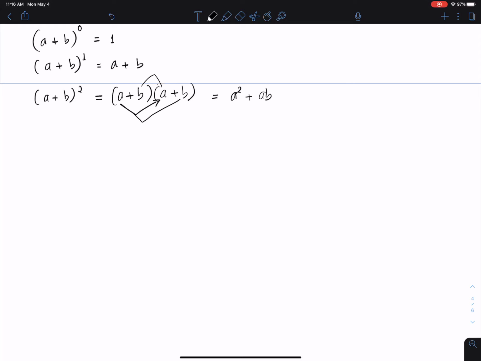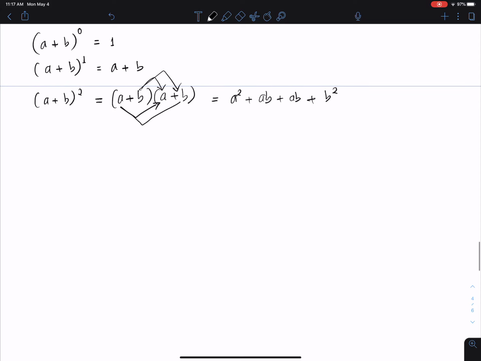And then b times a, we will get ba, but it is also the same, just write ab. And then plus again b times b, we will get b square. Then we can check the ones that have the same parameters, ab. So we can simplify this. a square plus 2ab plus the last one is b square.